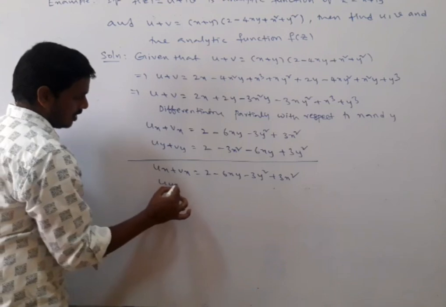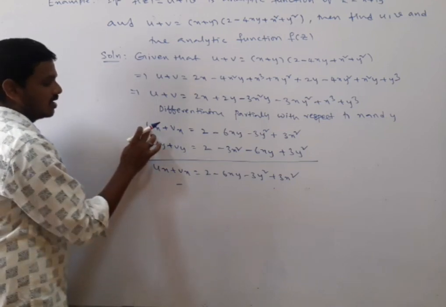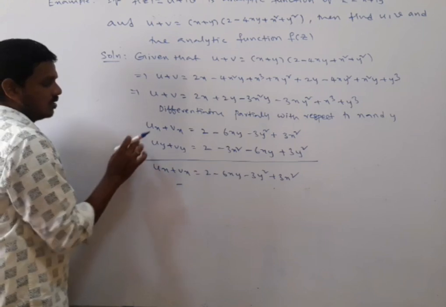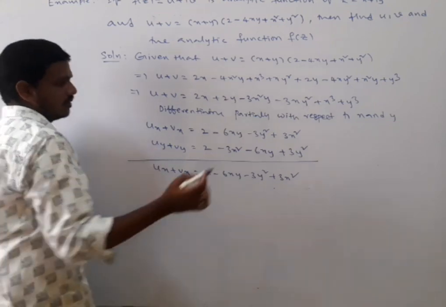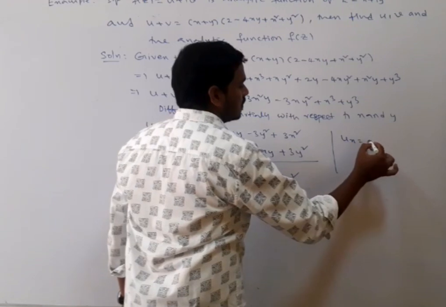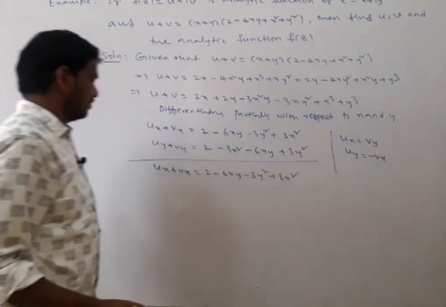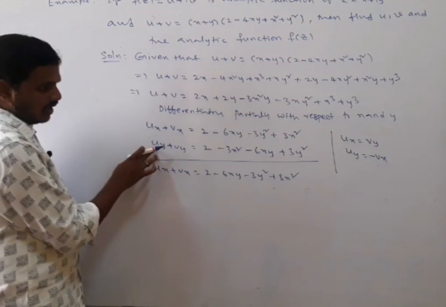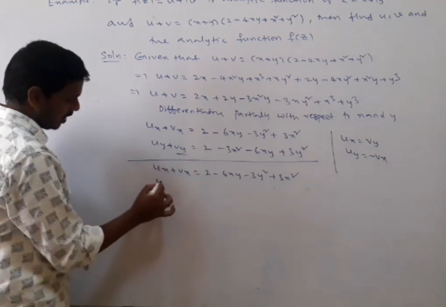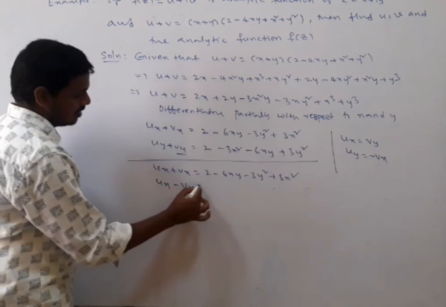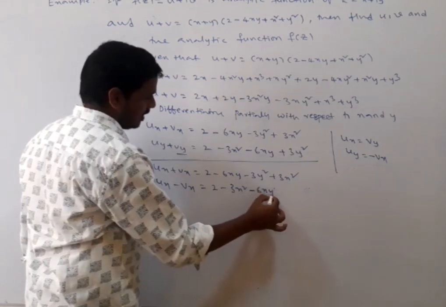Next it is uy + vy, and by the CR equations, ∂u/∂x = ∂v/∂y, ux = vy, and uy = -vx. So uy + vy: uy is replaced by -vx, vy is the same as ux, which equals 2 - 3x² - 6xy + 3y².